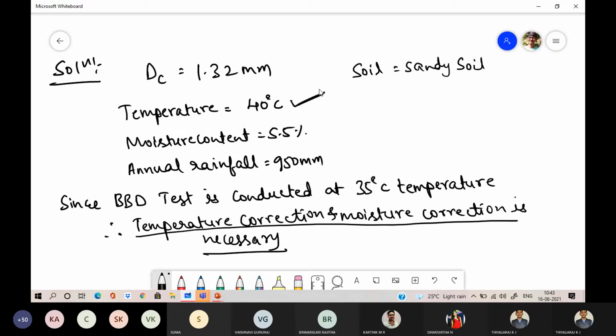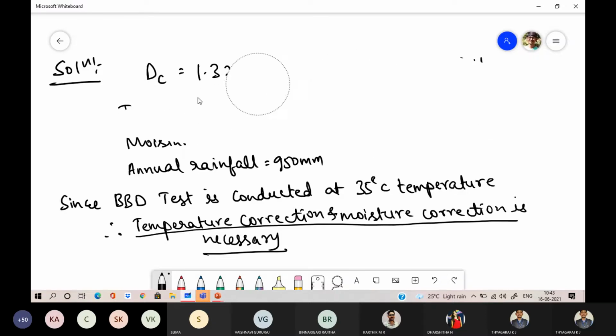So since the temperature is 40 degrees, we have to apply the correction for temperature. Have you written? Shall we proceed? Yes, sir.